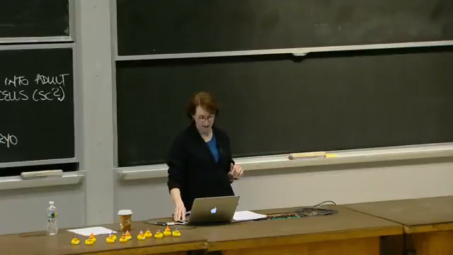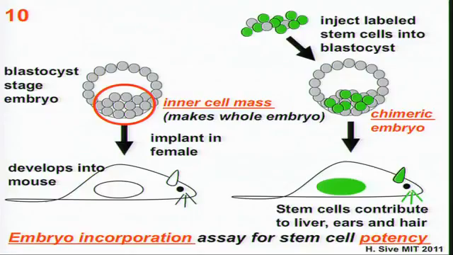You can do a similar experiment, but in a whole mouse. The embryo is made from a part of the very early embryo called the inner cell mass. And you can inject labeled putative stem cells into an early mouse embryo, into this inner cell mass part of the embryo, put it into a recipient mother, and then ask what kind of embryo comes out of that process.